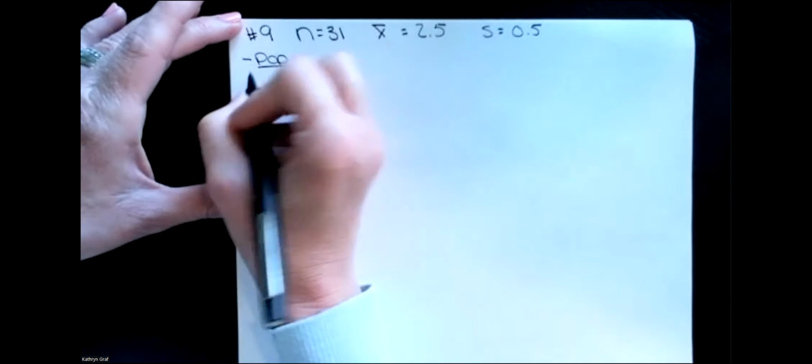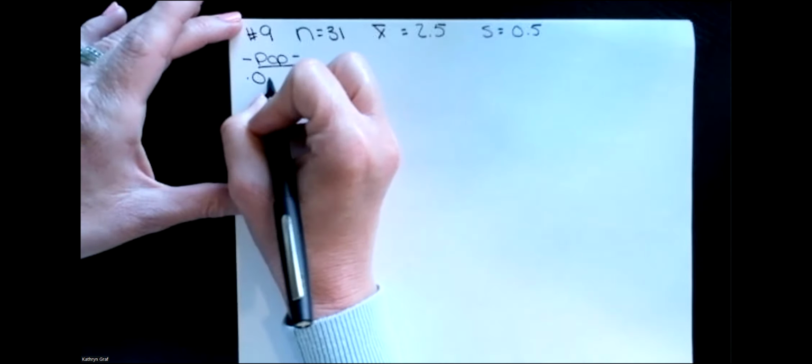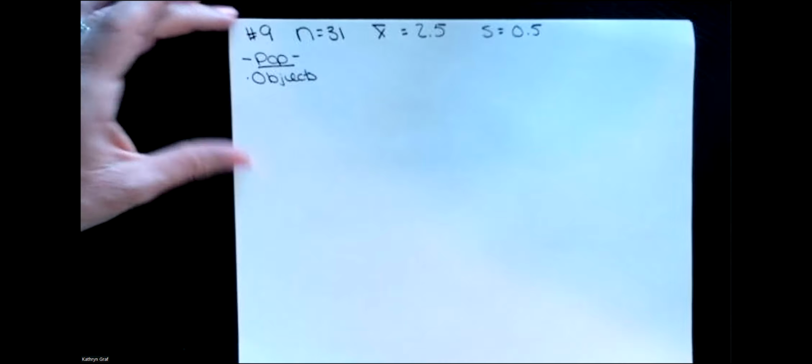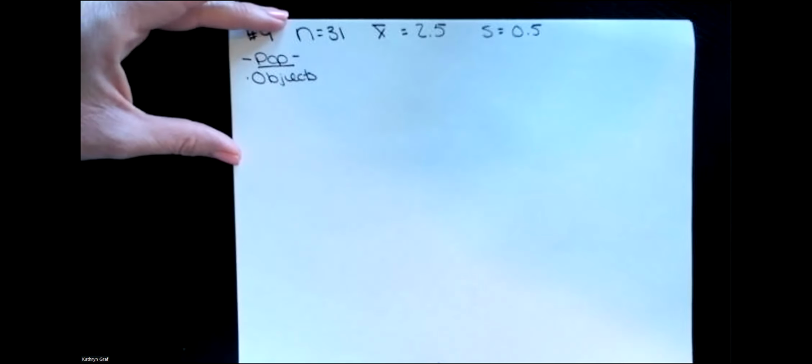So remember here, we're always going to start with the population step, and in here, we're going to identify the objects. So the objects are who we're studying or who we're giving the survey to. So here, I'm going to say, okay, well, this is the elementary school children.